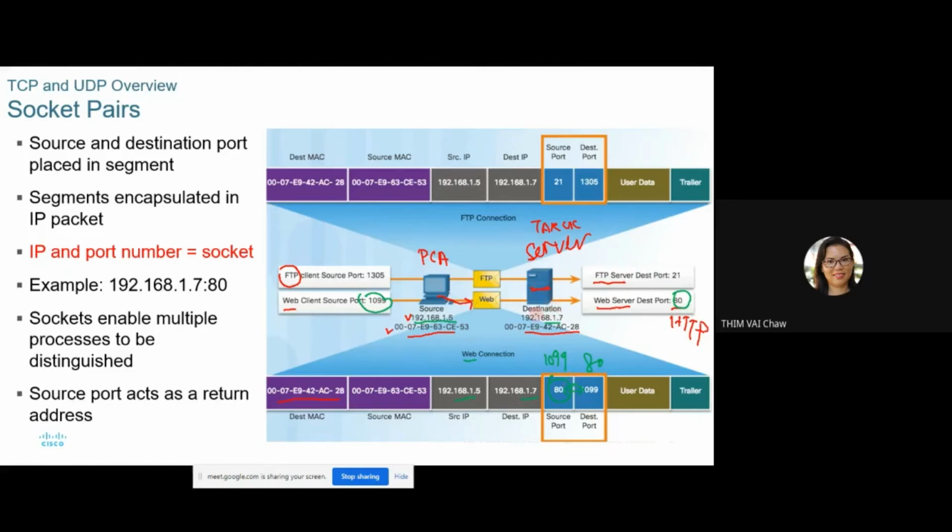So that's why this particular server receives this, knowing that you are coming from port 1099, and I have my server running two applications. I know that this data should be opened and read, executed, by this web server. Same thing from here.